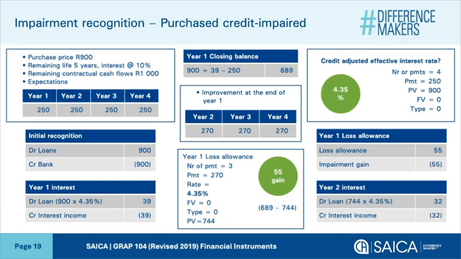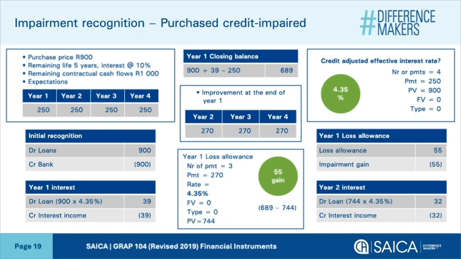In year 1, we calculate our interest, and this is where the credit-adjusted effective interest rate becomes applicable. We need to determine that rate. How do we determine it? Well, we have our number of payments, which is 4 years. Our payment per year over the next 4 years that's expected is 250 Rand per year.